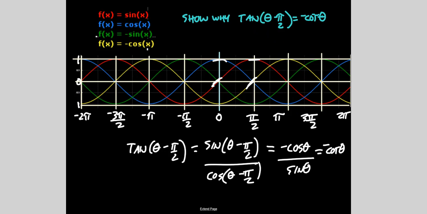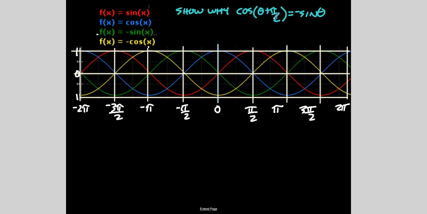This is plus pi over 2, so this is actually a shift left of pi over 2. So here's cosine. I'm shifting it left this time to right here. Well, what's green? That's negative sine theta. So that's why negative sine theta is equal to cosine of theta plus pi over 2.